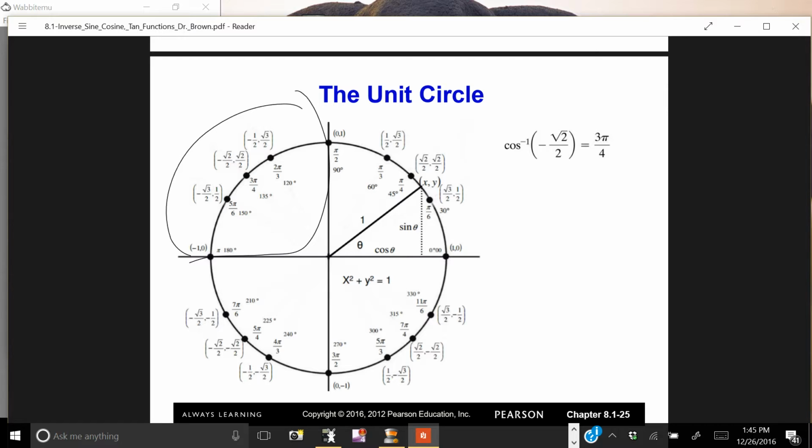And of course that's the x value. And so notice x is minus square root of 2 over 2 for the angle 3 pi over 4. So the inverse cosine of minus the square root of 2 over 2 is 3 pi over 4.